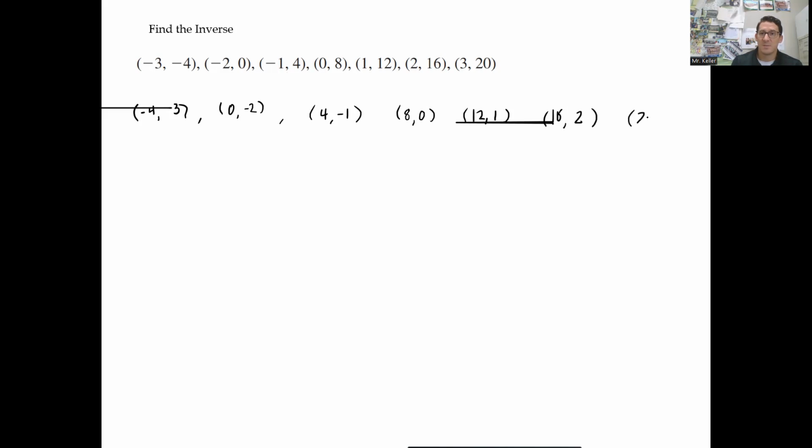And 3, 20 becomes 20 and 3. Just flip the x's and y's. All right. A reminder, x, y. So you're just flipping the x and y.